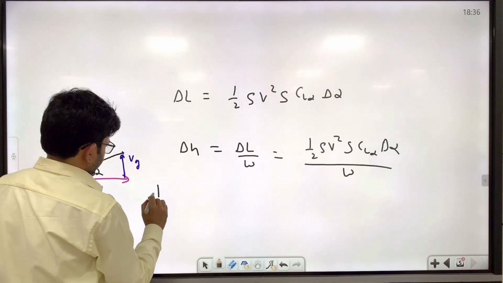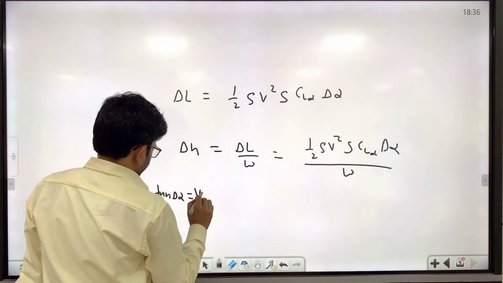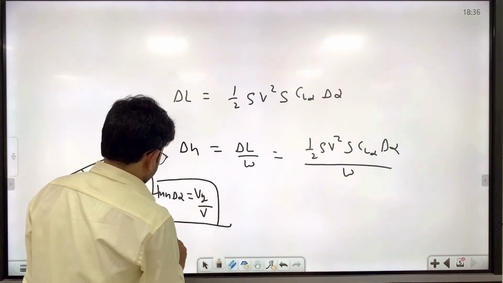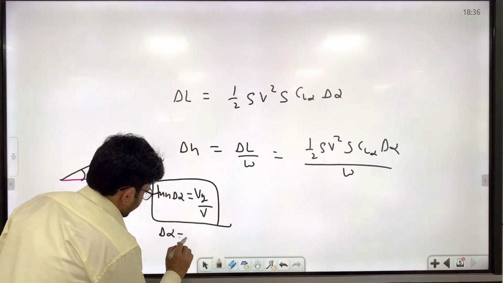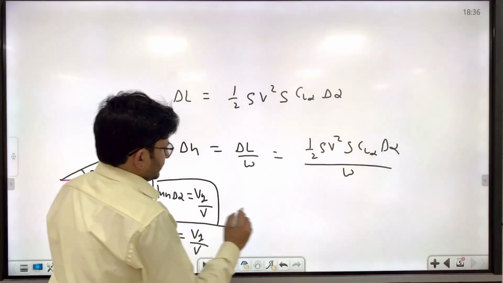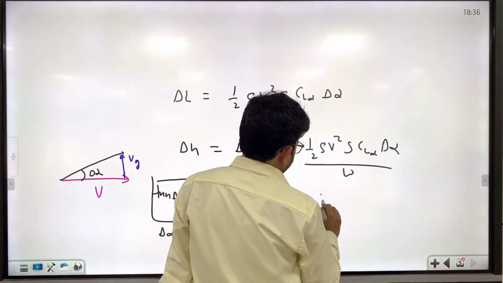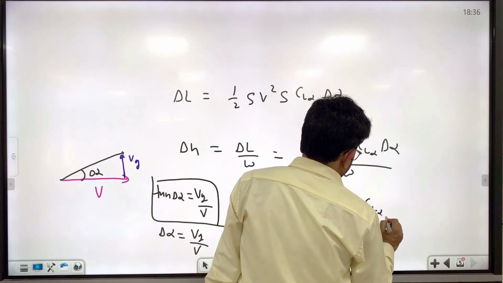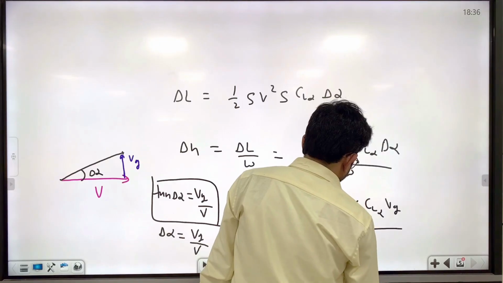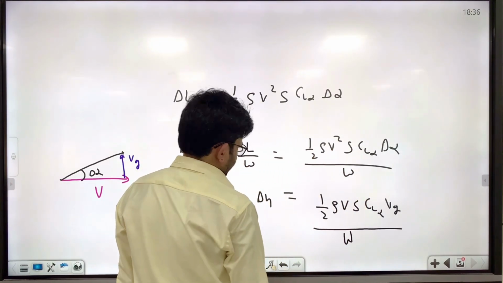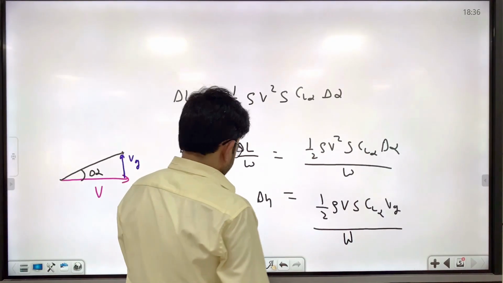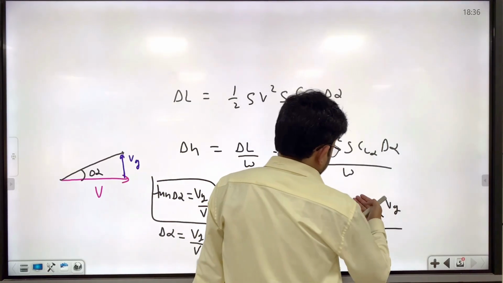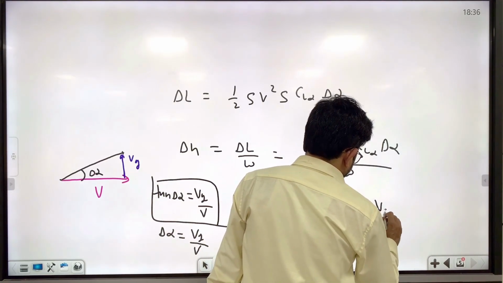So you can write tan delta alpha equal to Vg by V. If delta alpha is small, you can write delta alpha equal to Vg by V. So if you substitute here, one V will get cancelled, and you will get half rho V S CL alpha Vg divided by W. This will become delta N. Okay, and actually you can put S down and write this.